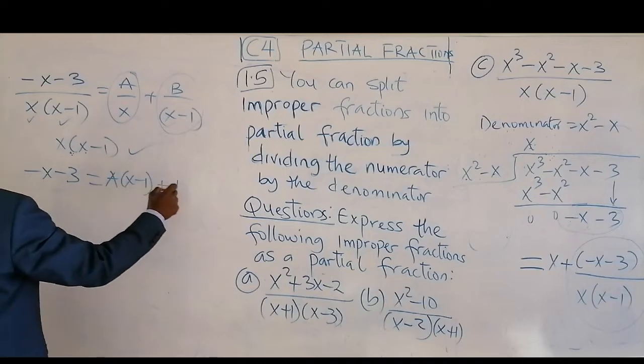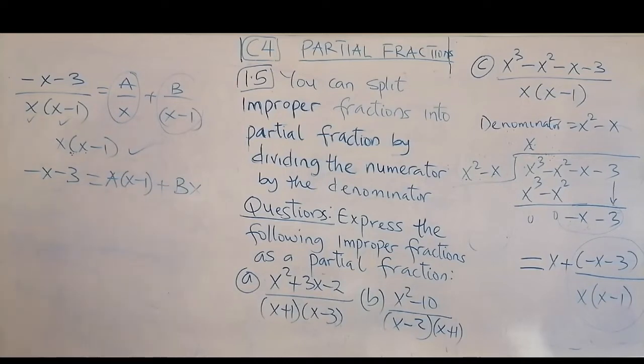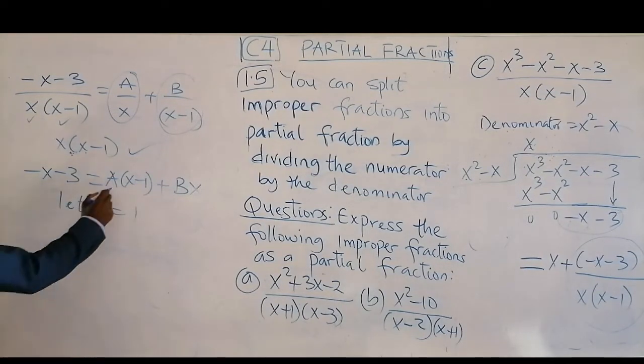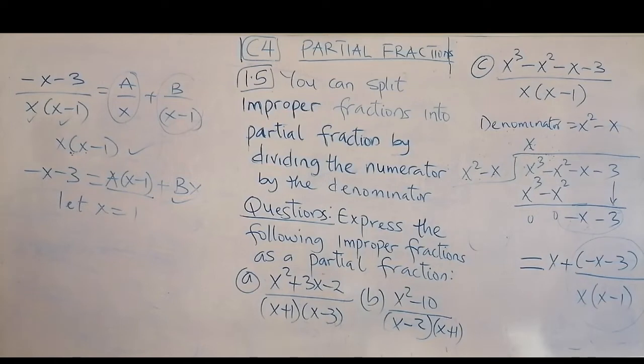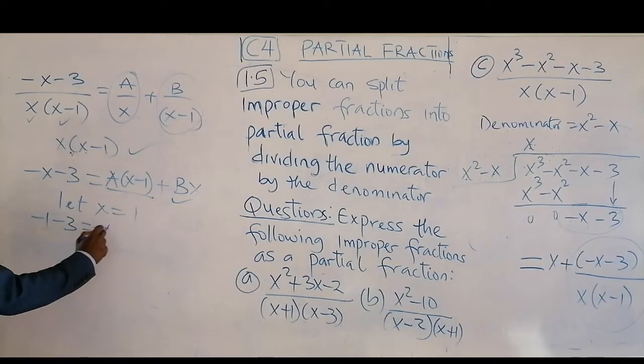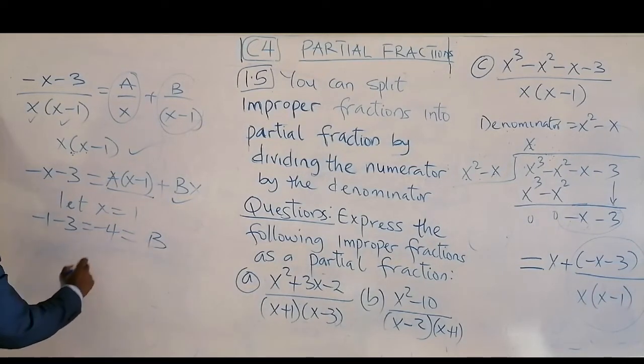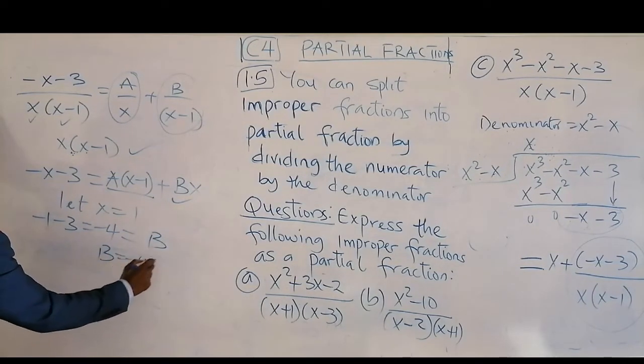Okay? So in that case now, let x be equal to 1, so that this will cancel. I can generate my b. So I now have 1 minus 3, which is minus 2... I now have minus 1 minus 3, which is minus 4, equal to b. So b is minus 4.